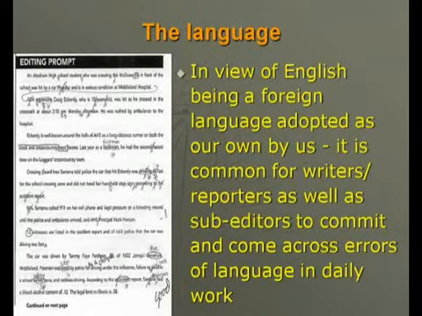In view of this, and despite the fact that English is a foreign language adopted by us as our own, it is common for writers and reporters as well as sub-editors to commit and come across errors of language in their daily work. The reason behind such errors is mainly ignorance or lack of knowledge simply.